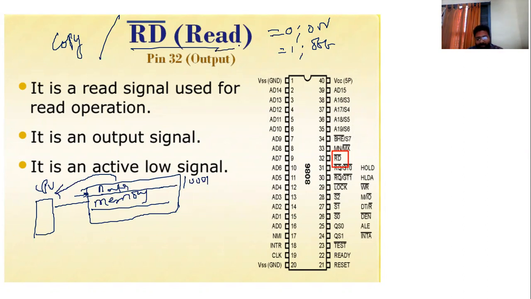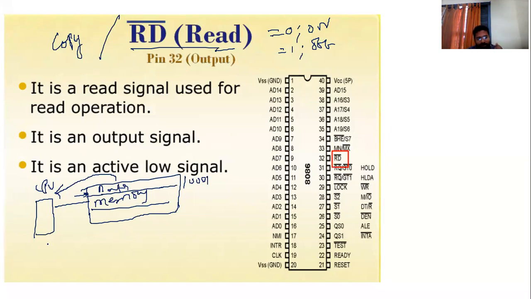You read the textbook or the material, and whatever the information in it, you just memorize it, you just remember it. That means here you just copy that information. The data that is available in the memory is copied to the CPU. You can generate the signal, read.